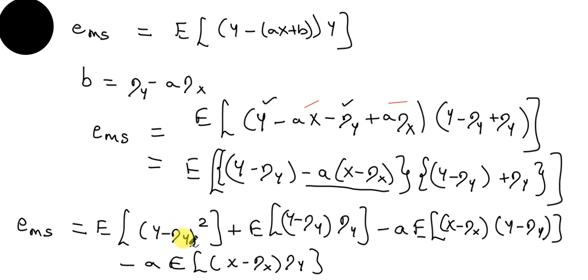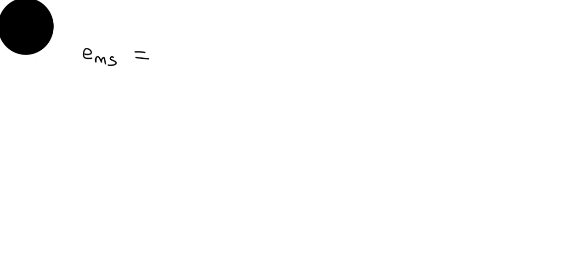This on simplification, I will have EMS equal to, look at the first term here, it is y minus eta y the whole squared, which is nothing but the variance of y.